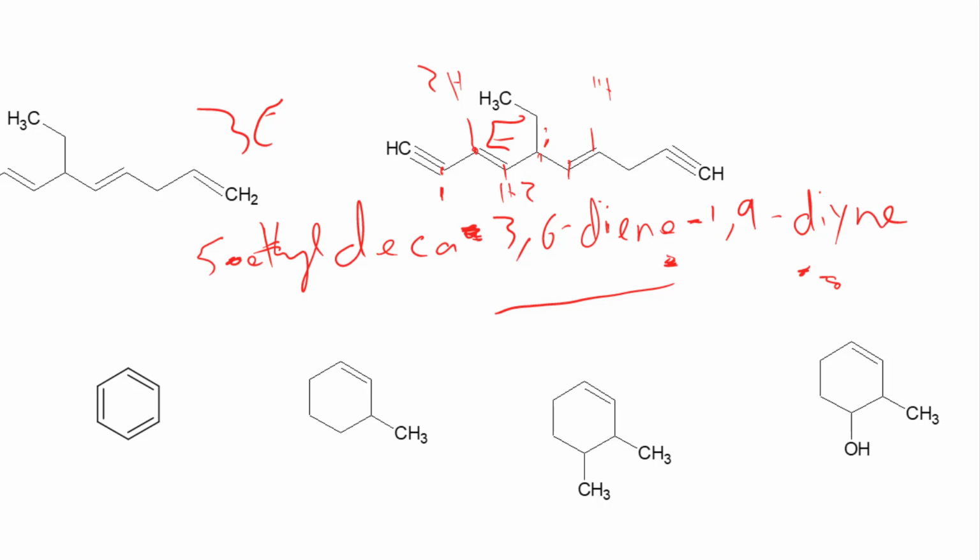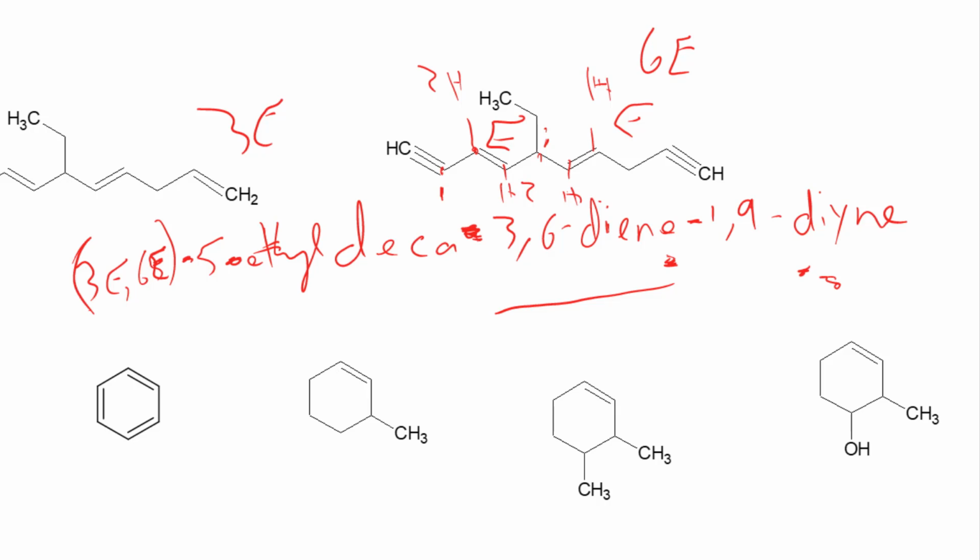I've got the hydrogen hanging here like this, the hydrogen hanging off here as well. And so this is also an E conformation. So it's a 6E conformation. So out front here, I will have to put in a 3E, 6E, dash.